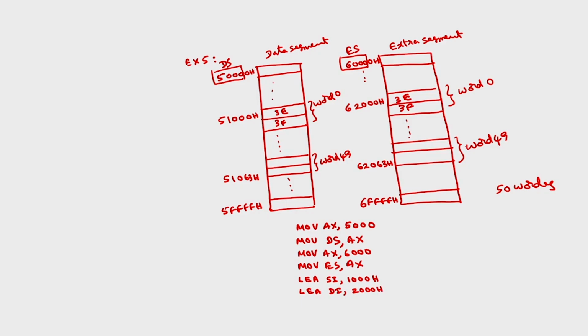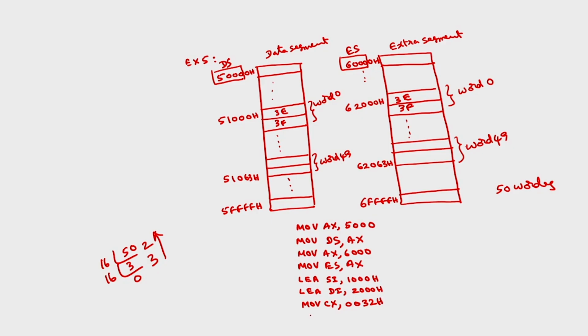Total 50 words you have to compare. So MOV CX, 50. What is the hexadecimal of 50? It is 32H. 64 would be 100 bytes; 32 hexadecimal is equivalent to 50 decimal.